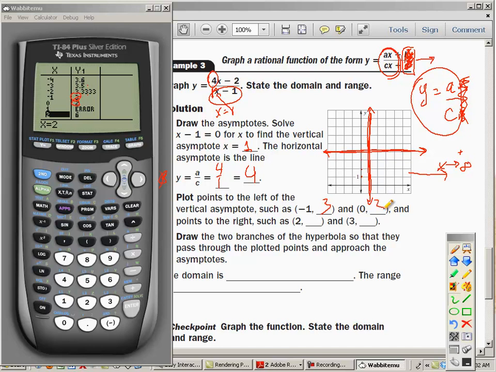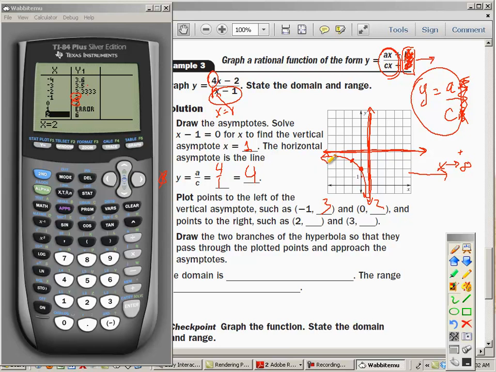So negative 1, 3 is left 1, up 1, 2, 3, and then 0, 2 is 0, up 2, which is right in there. It's kind of hard to use those 2 points to make a branch of a hyperbola, but if you go back to the graph, you know it's going to be somewhere in this region here. Drawing in the asymptote certainly helps us so that we know what our boundaries are.